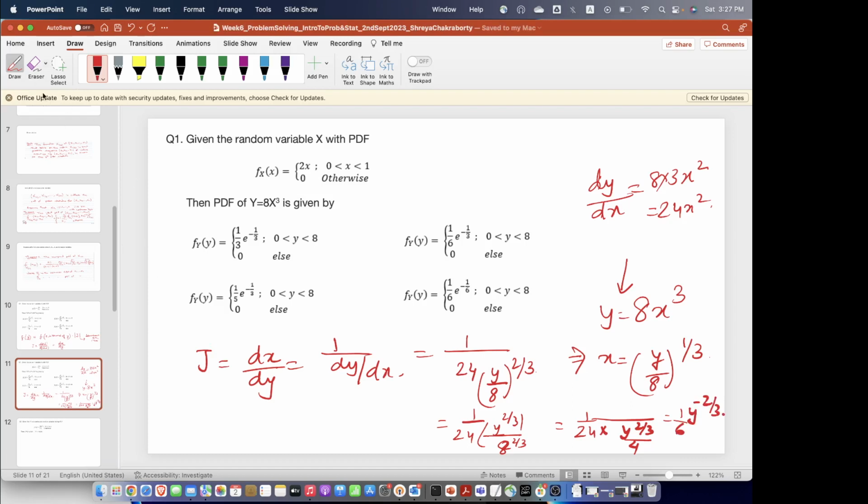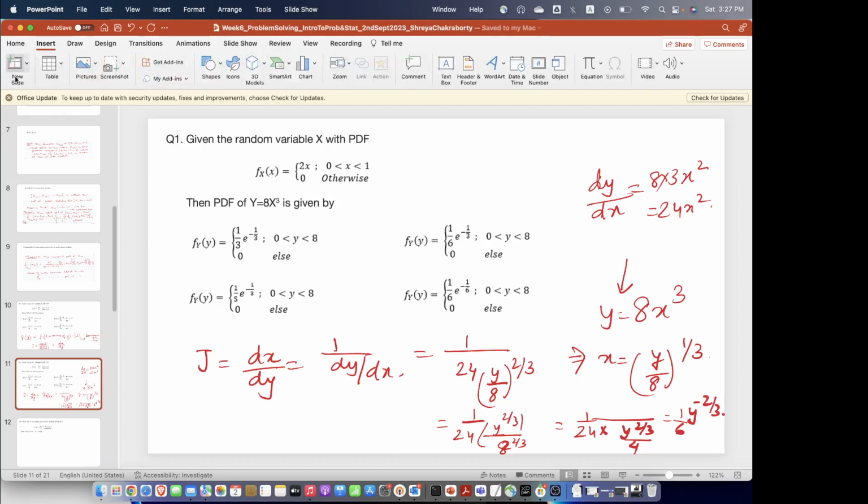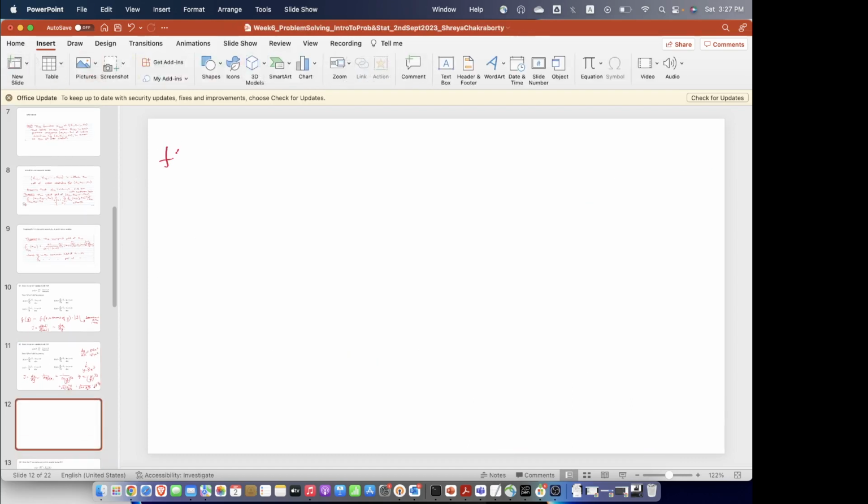So therefore, f of y will be equal to f of x in terms of y into the determinant of the Jacobian, or the absolute value of the Jacobian.